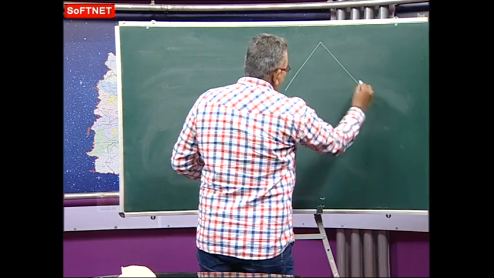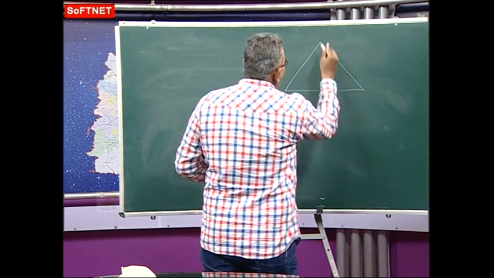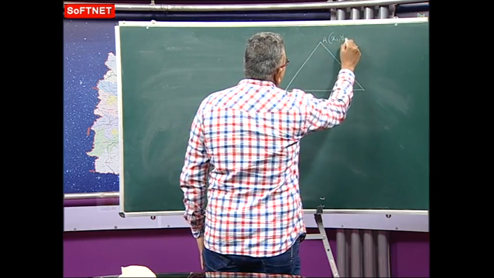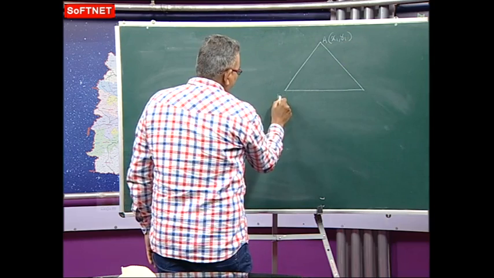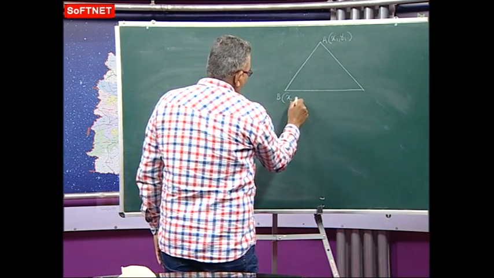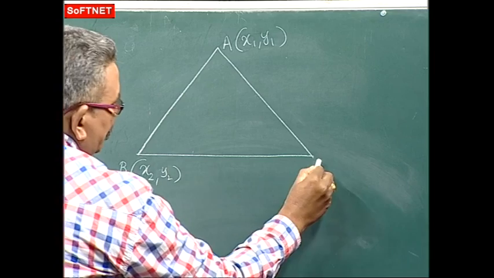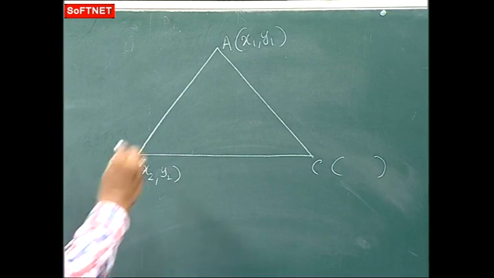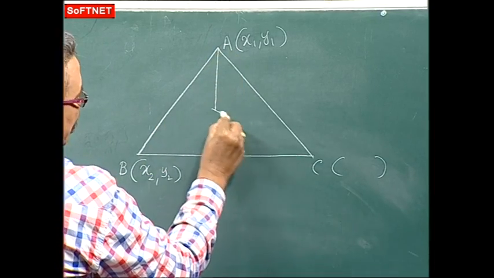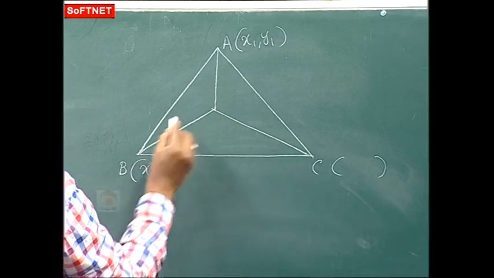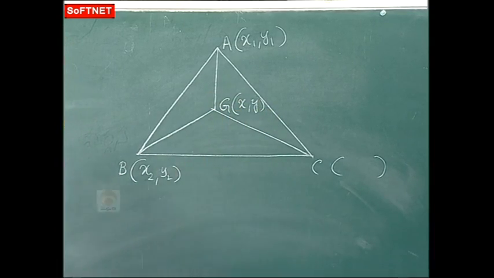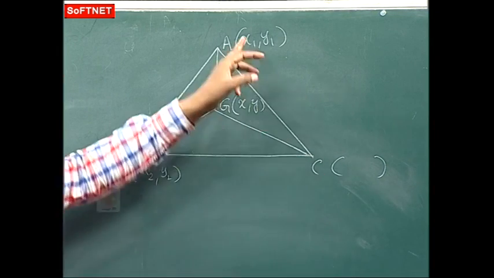That is also known as the missing vertex. Say A is x1 comma y1, B is x2 comma y2, C is not given. Suppose here centroid is given, say that is x comma y. Now how to find out the third vertex of triangle ABC?